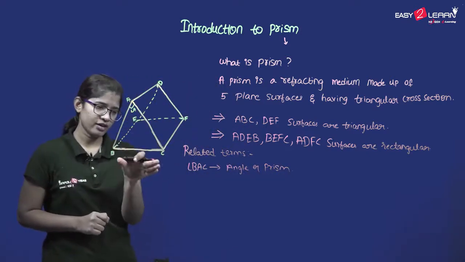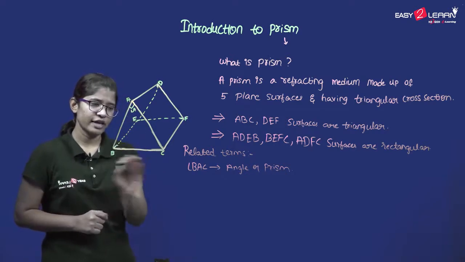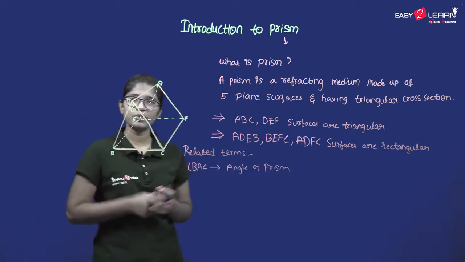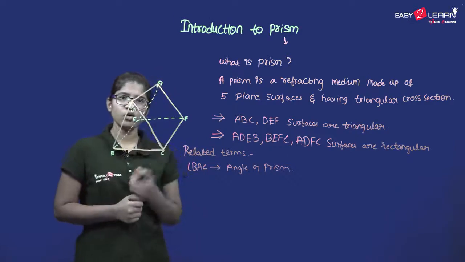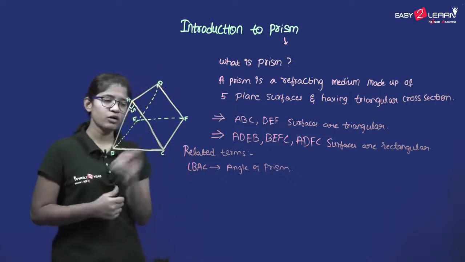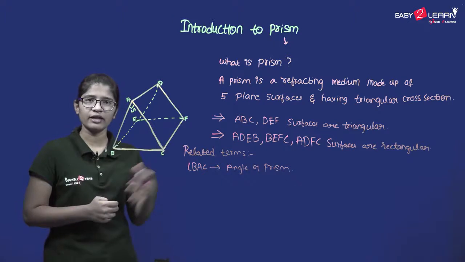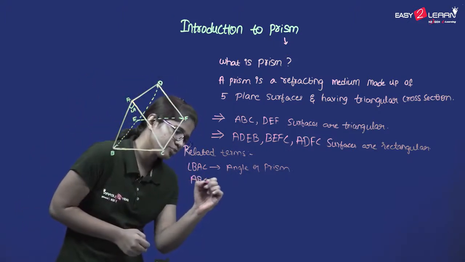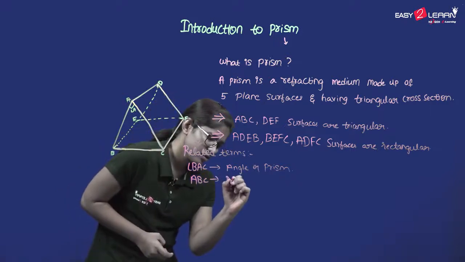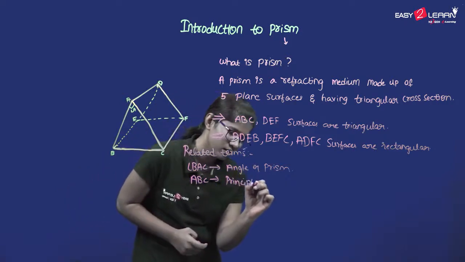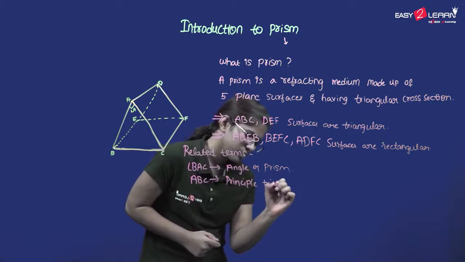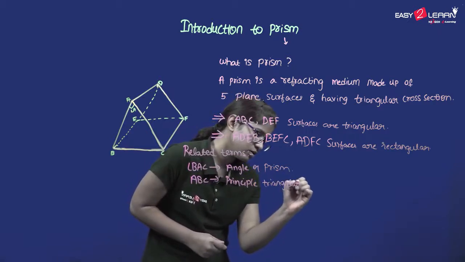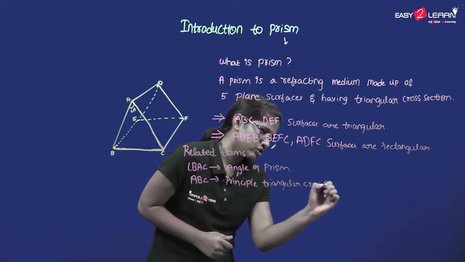The triangle that we are seeing, ABC, is called the principal cross section of this prism, or we can also call it the principal triangular cross section.